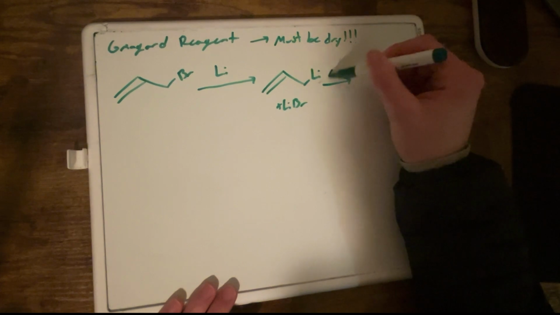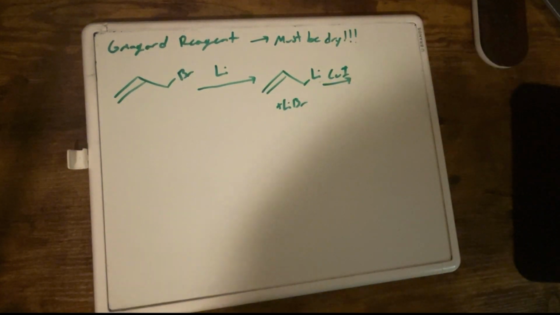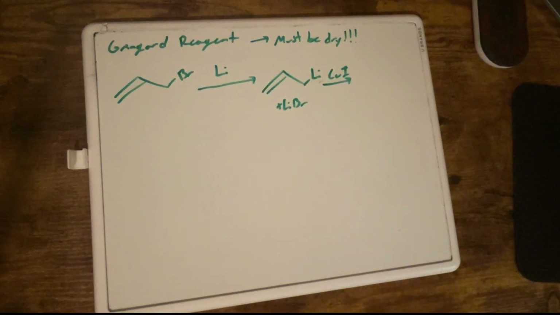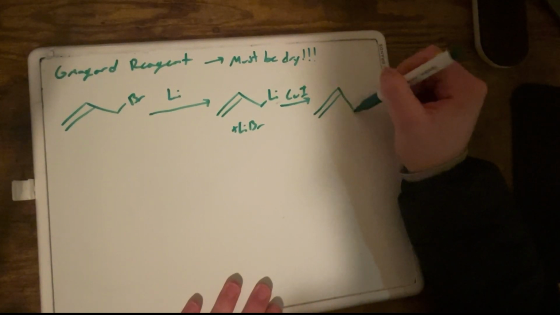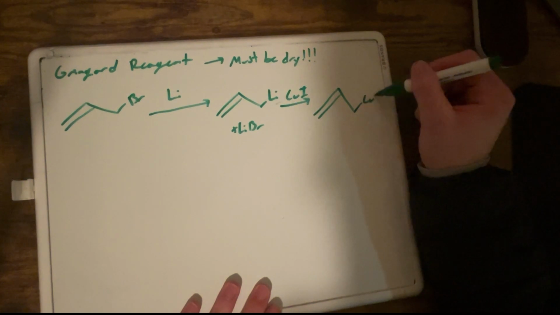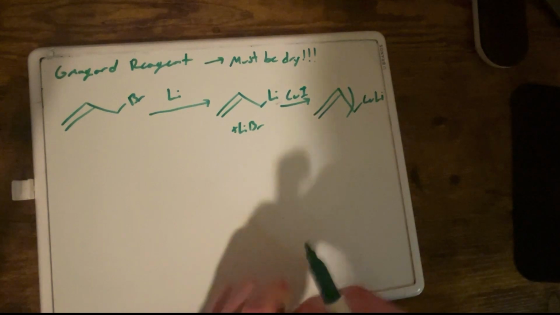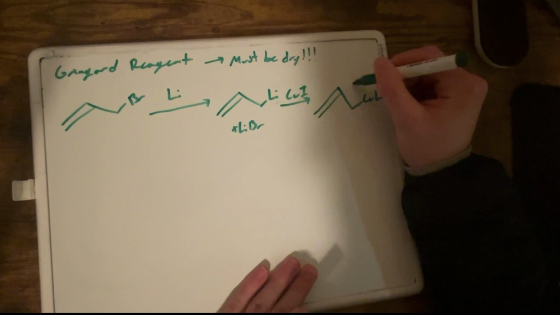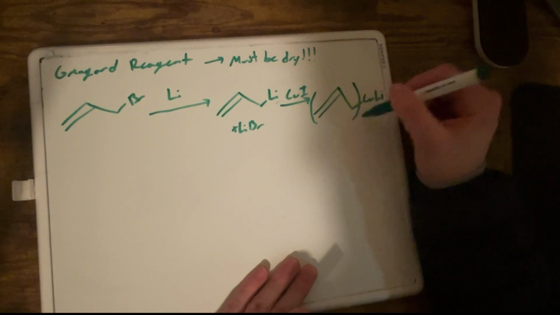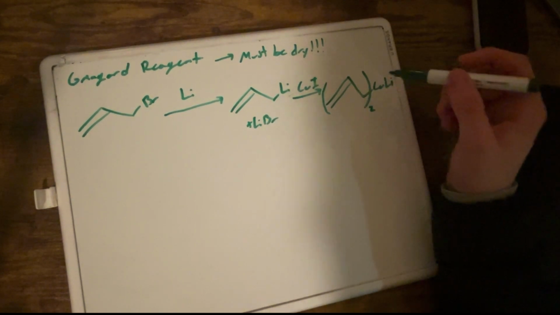Now if we react this with, I think that's cupric iodide, could be wrong. But if we react it with copper and iodine, that will actually produce this complex right here. Now, it's important to note that this copper actually has two of these groups attached to it.